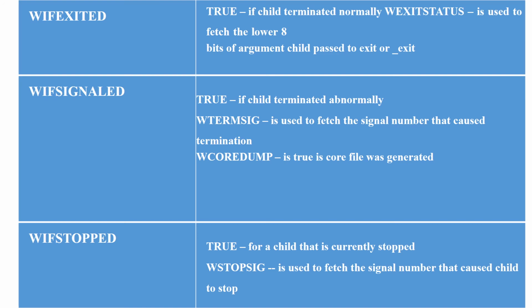Wherever abnormal termination happens, we use WTERMSIG, which is used to fetch the signal number that caused the termination. Otherwise, if it is true, a core file was generated by the corresponding process, and then it returns the corresponding status.